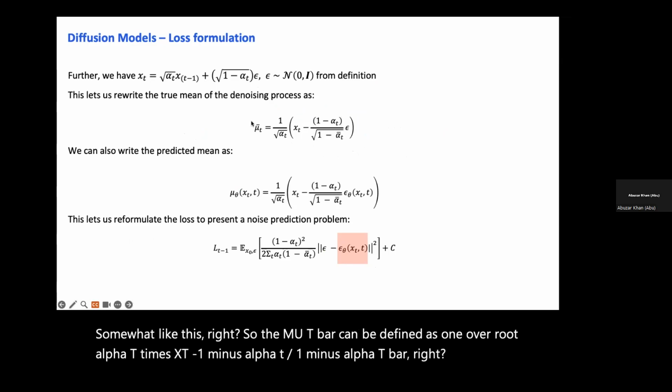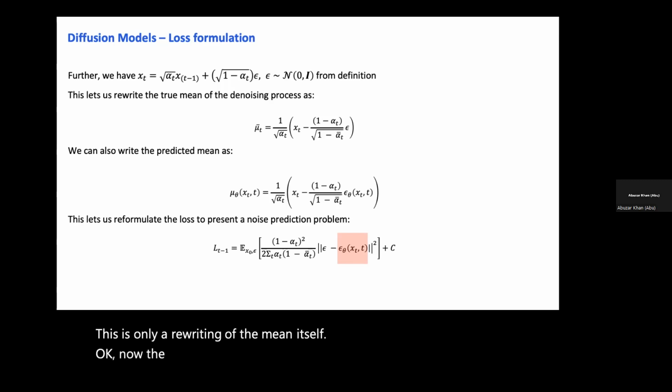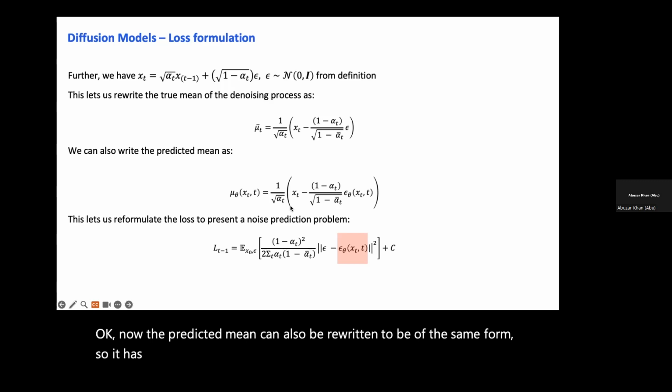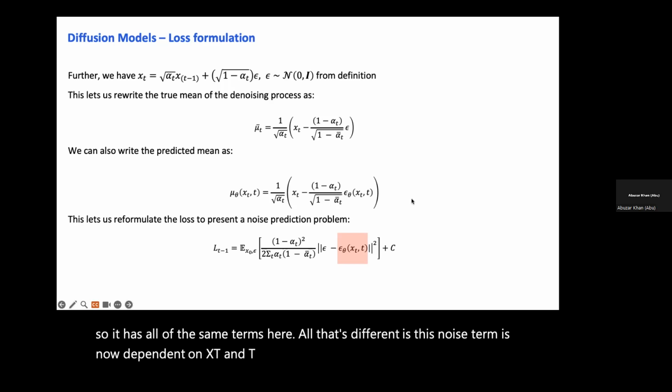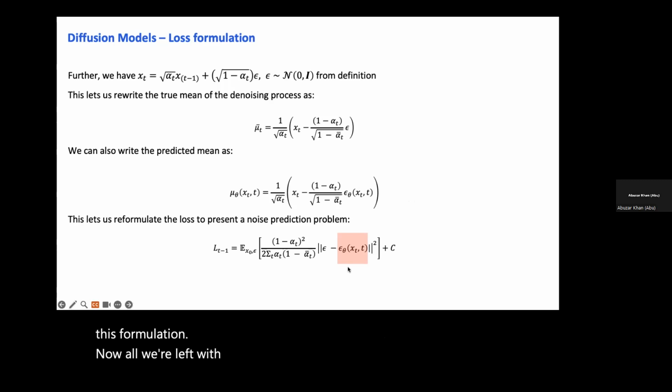This is only a rewriting of the mean itself. Okay. Now the predicted mean can also be rewritten to be of the same form. So it has all of the same terms here. All that's different is this noise term is now dependent on xt and t and parameterized by theta. And if you use this formulation, now all we're left with is the difference between the noises, right?